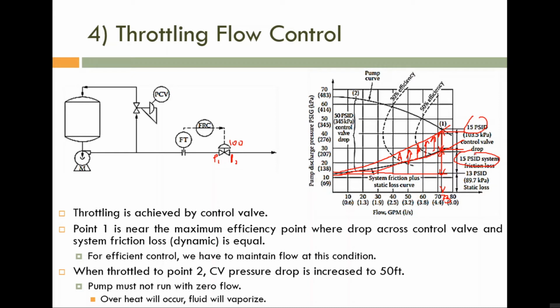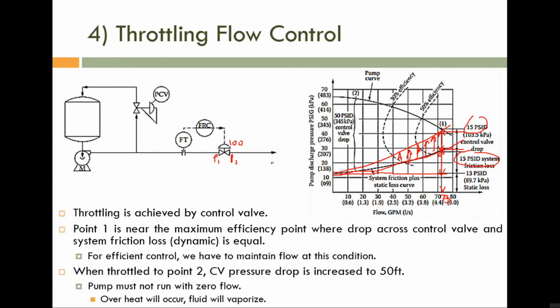If you are selecting a control valve, then corresponding to 100% open, the friction loss due to the control valve and the friction loss due to the dynamic friction must be equal. That is very important. What I am saying is, there is a static pressure of 13 psi, and there is a friction loss, except for the control valve, of 15 psi.